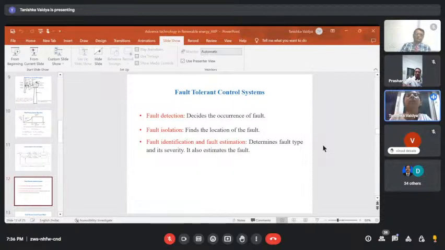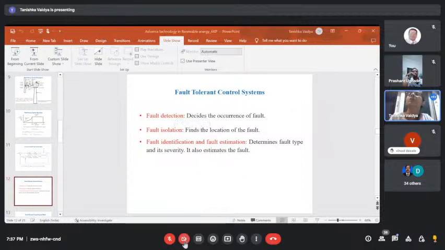So those conditions should be monitored, and the fault which will lead to failure of the system should be identified before that by the fault tolerant control system. So what is the main role of fault tolerant control system?